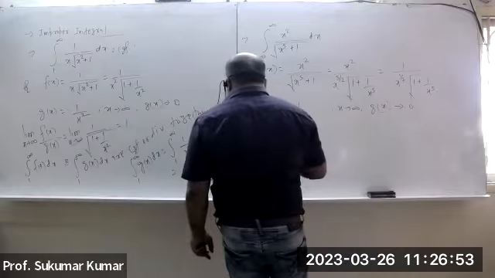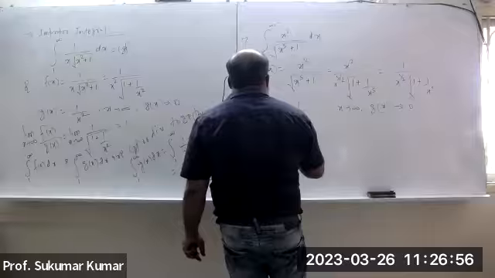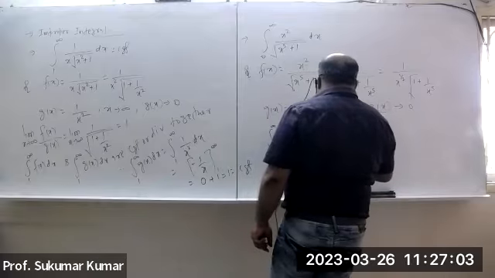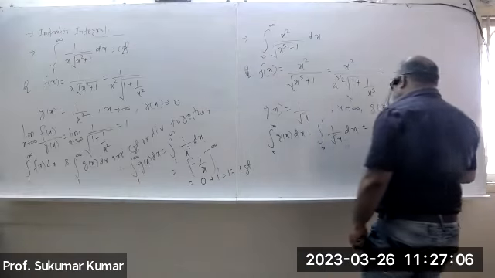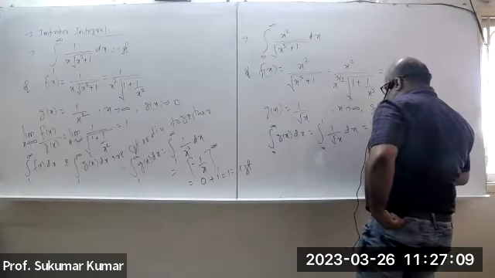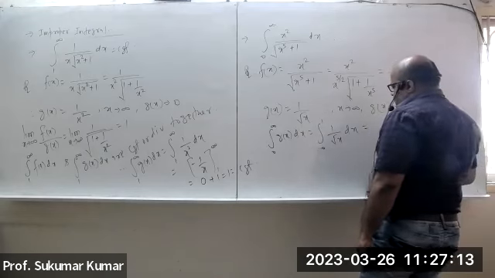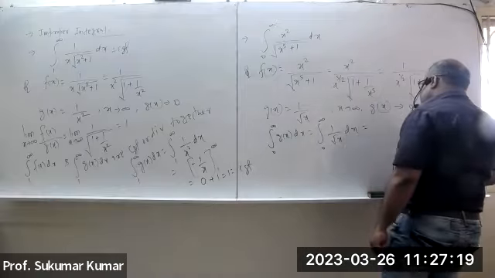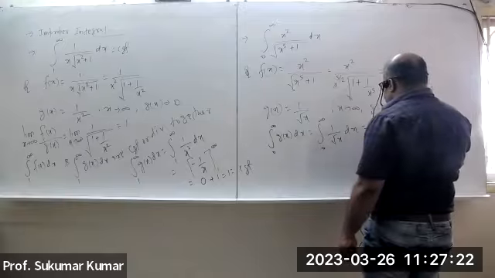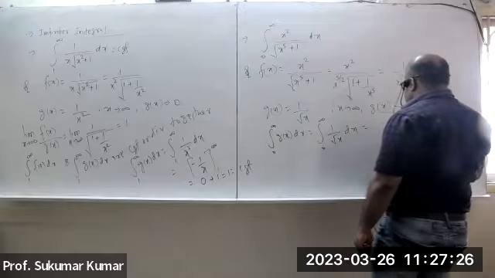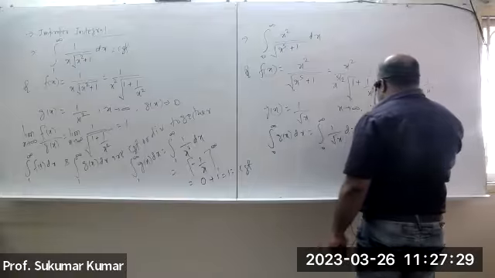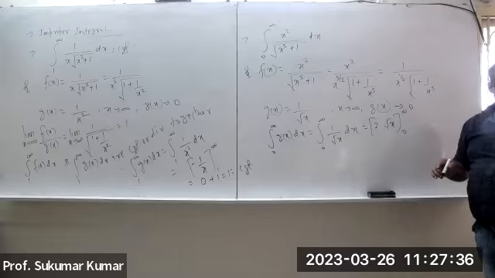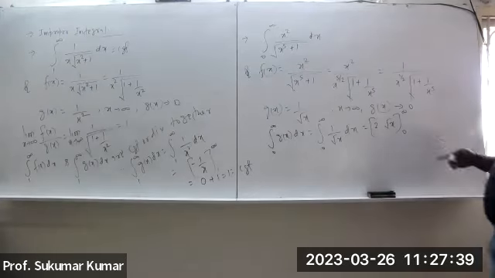Integration from 0 to infinity: integration of x power minus 1 by 2 is x power 1 by 2 divided by 1 by 2, that is 2 root x.